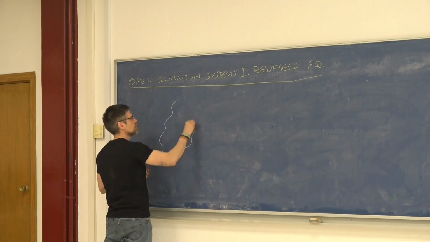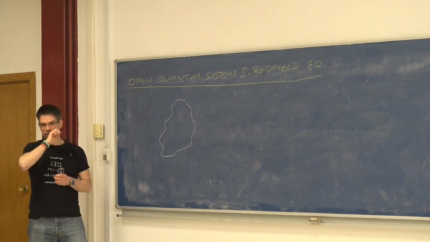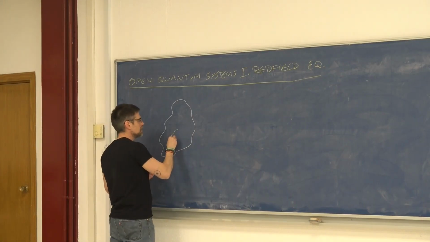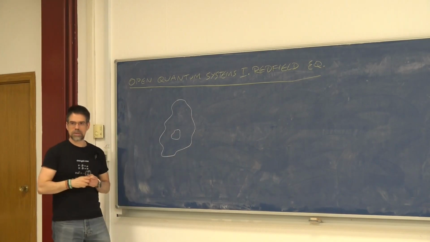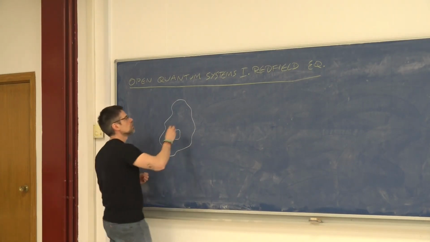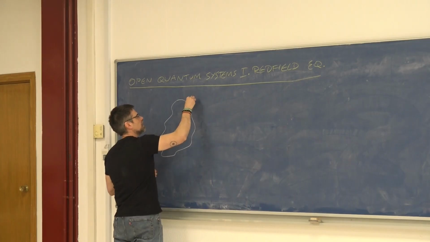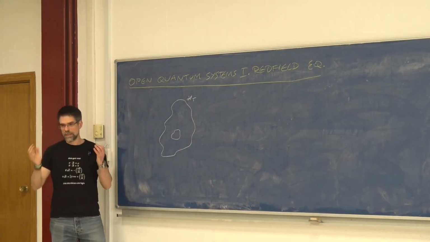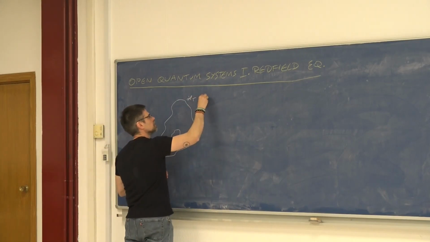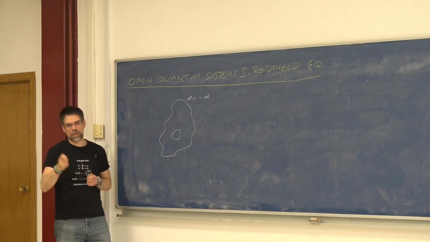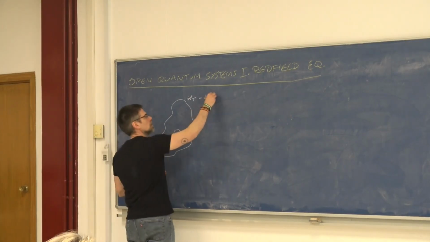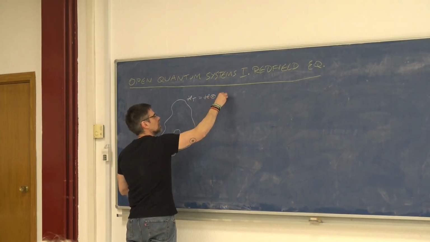Basically, imagine that we have a quantum system that is very big, but we are interested only in a small subpart of this system. This will be the Hilbert space of our total system that we will call H_T, and that we can divide into the Hilbert space of the system, which I will not label because it's the one we are interested in, with the direct product of what we call the environment.